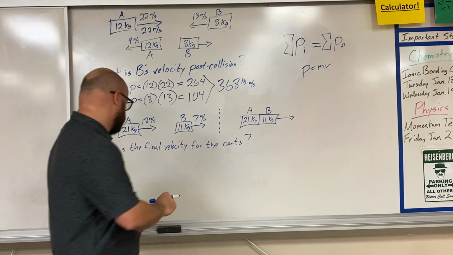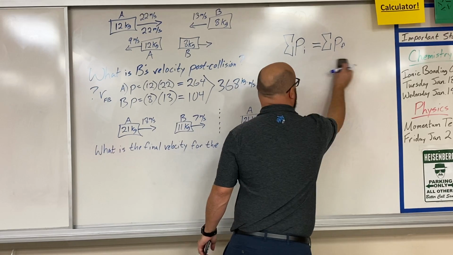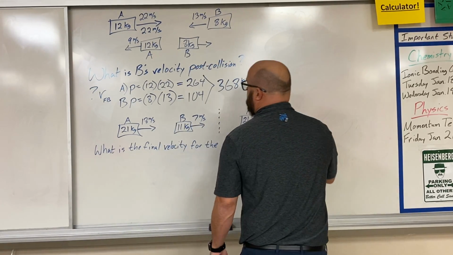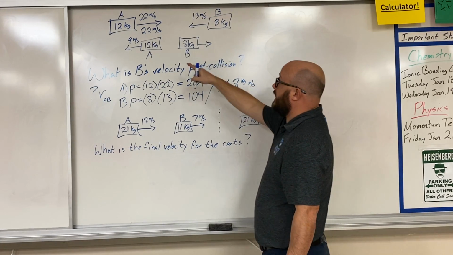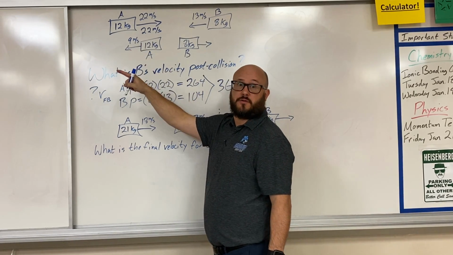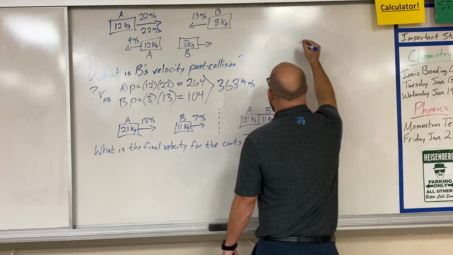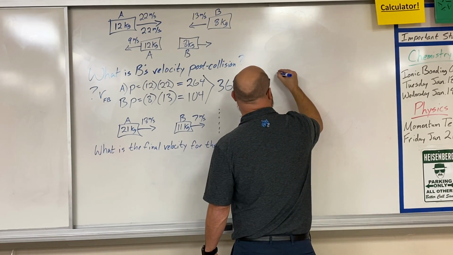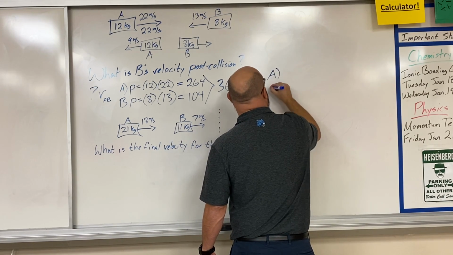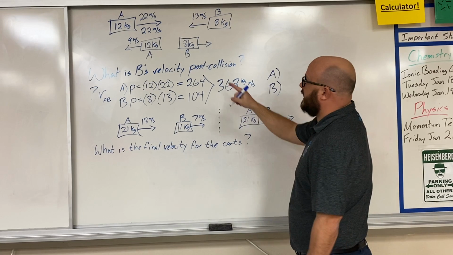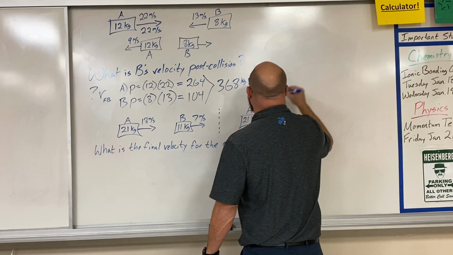Okay, well, let me make some room over here. Now, we know cart A's velocity after the impact. We don't know cart B's. So what we can set this up as is A, B. Cart A, still 12 kilograms.